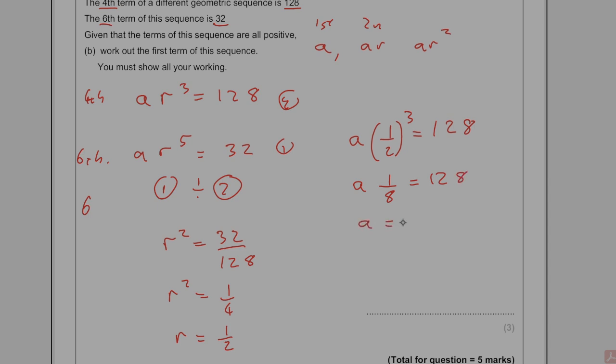So the first term must be equal to 8 times 128. So 8 times 8 is 64. 8 times 2 is 16, plus the 6 is 22. And then 8 times 1 is 8, plus the 2 is 10. So I'm looking at 1024 for my first term.